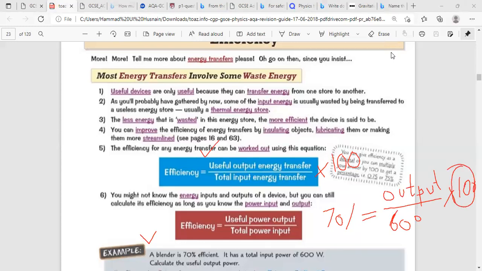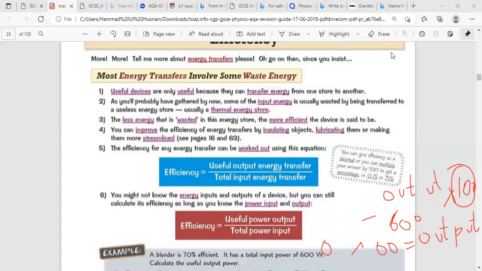So when we divide 70 by 100, it becomes 0.7, and we multiply this by 600 and we will get the total output. I guess this will be very easy for you now. So this is clear to you. You don't have any doubts in this problem.